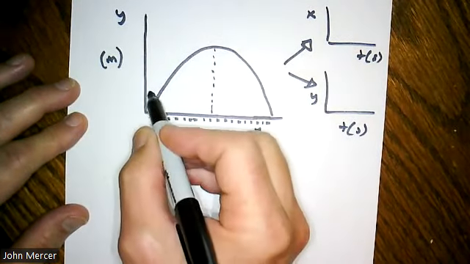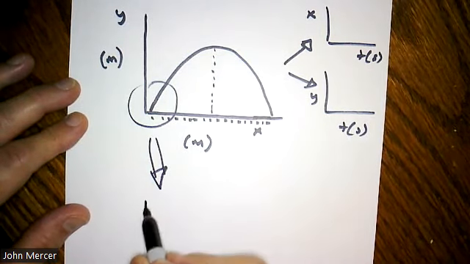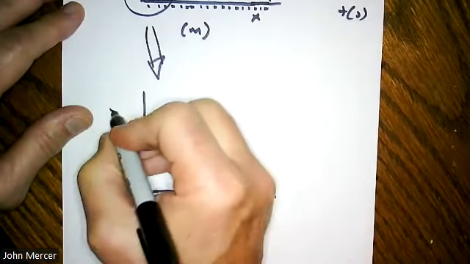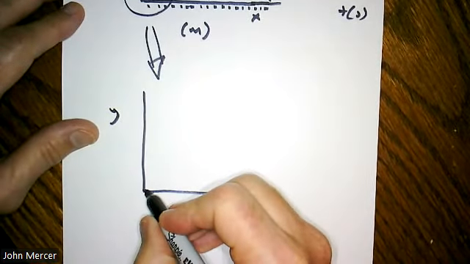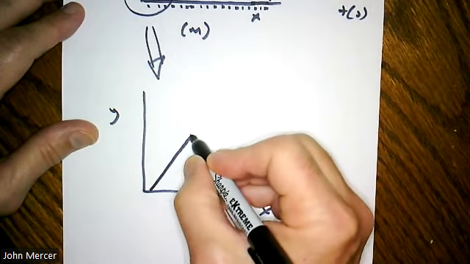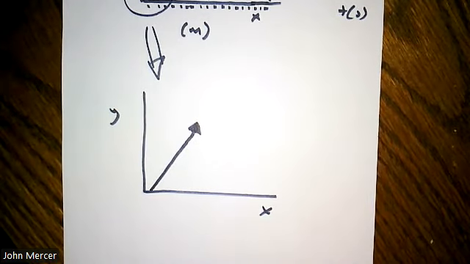And I'm going to draw a circle here. I'm going to magnify that down here, X and Y, and this will be just the initial condition of the projectile.